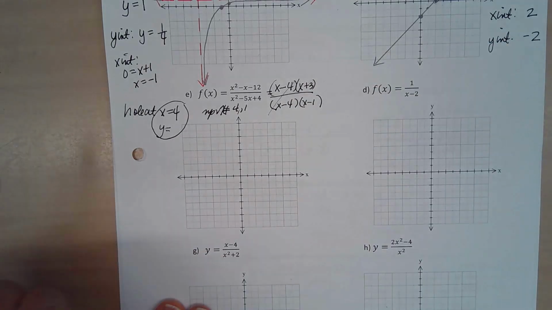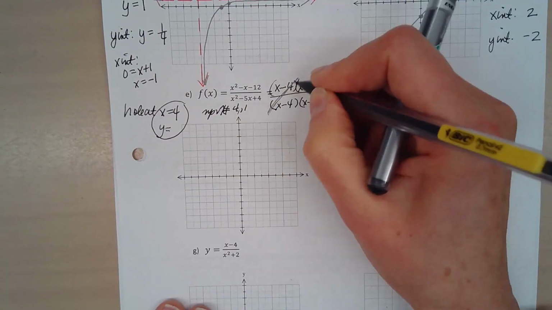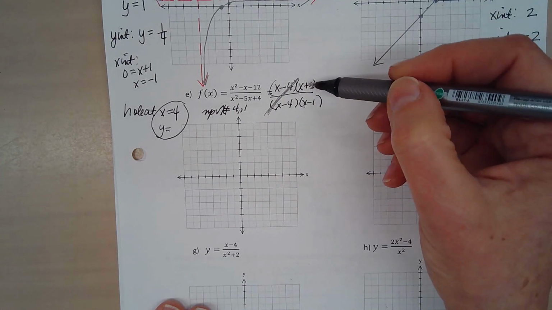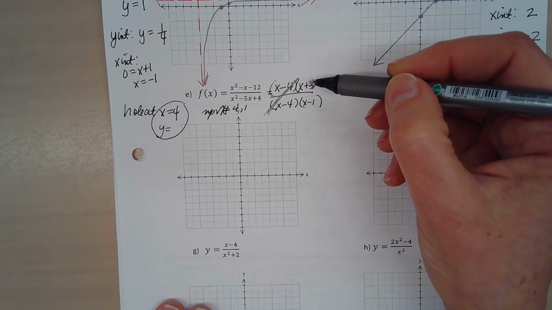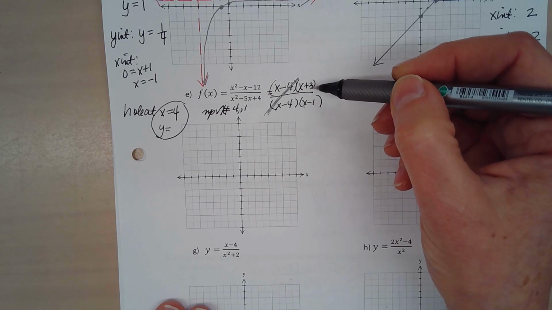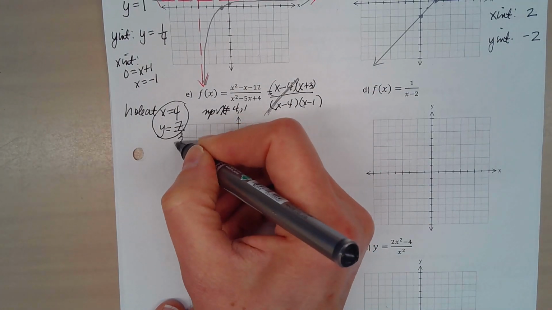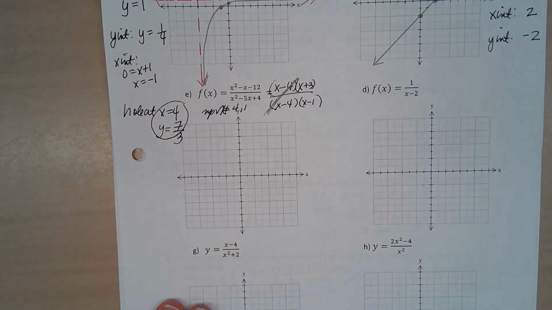Well, let's see. Let's look back at our simplified statement, okay? And we put a 4 in where we see x. So that would be 4 plus 3, 7 over 3, wouldn't it be? 7 over 3, right? Okay, so that's where my hole is.